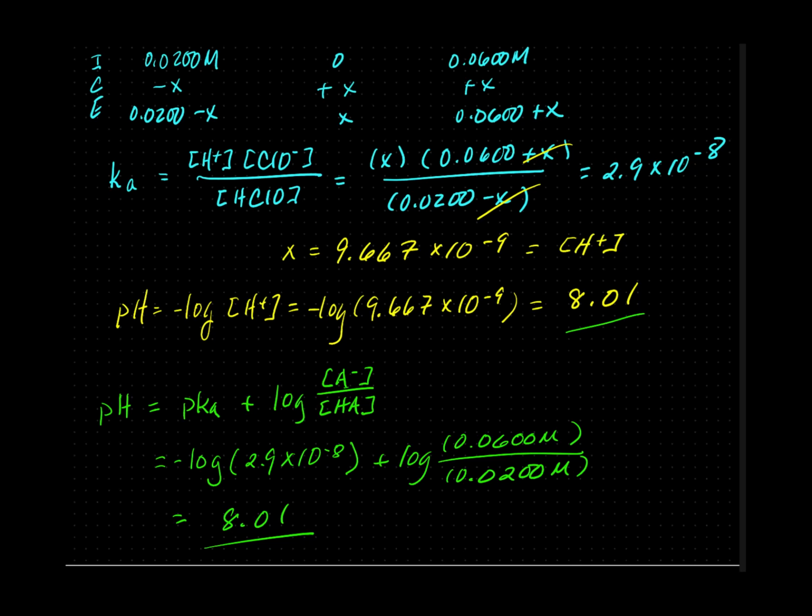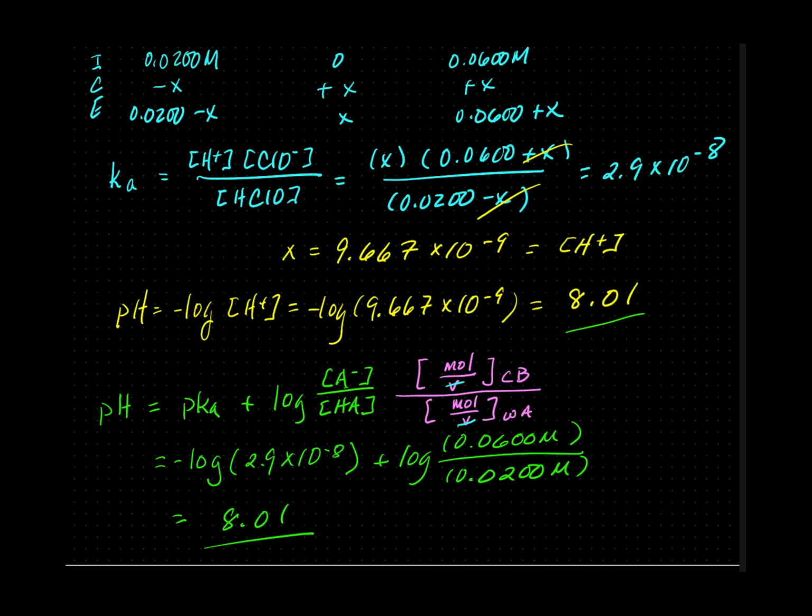You could also make this a little bit simpler without even writing the ICE table. So we know that concentration is moles per volume. So on top we have moles per volume, and this is my conjugate base. And on the bottom we have moles per volume, and this is my weak acid. The volume, since it's additive and they're together, are the same. So they actually simplify out.